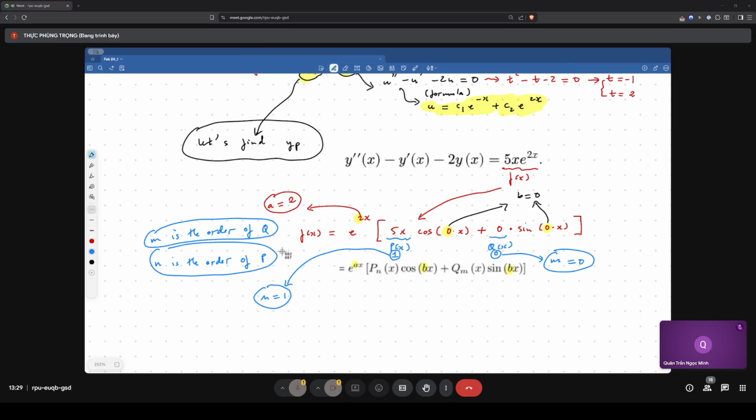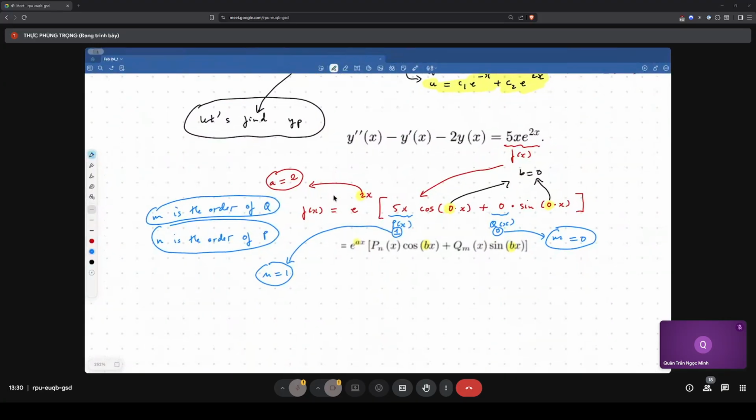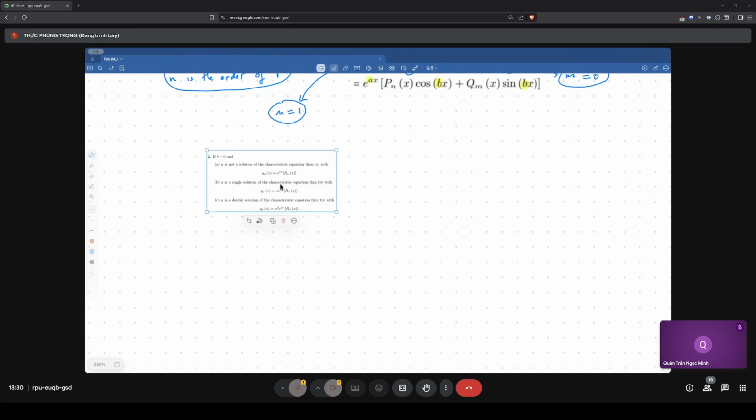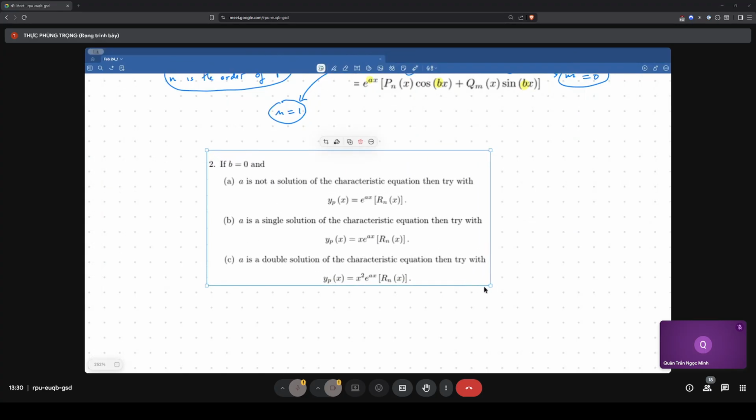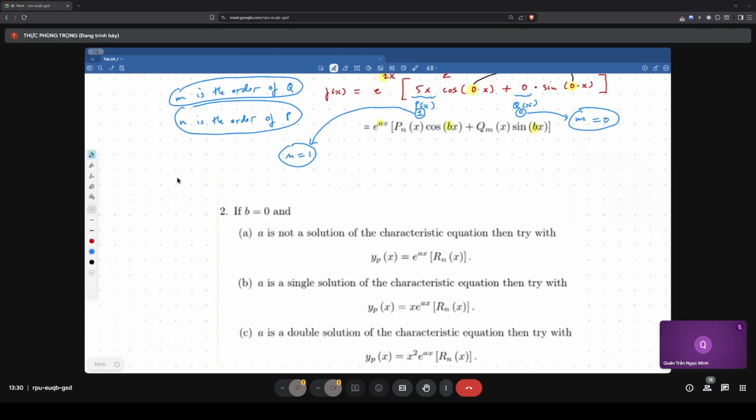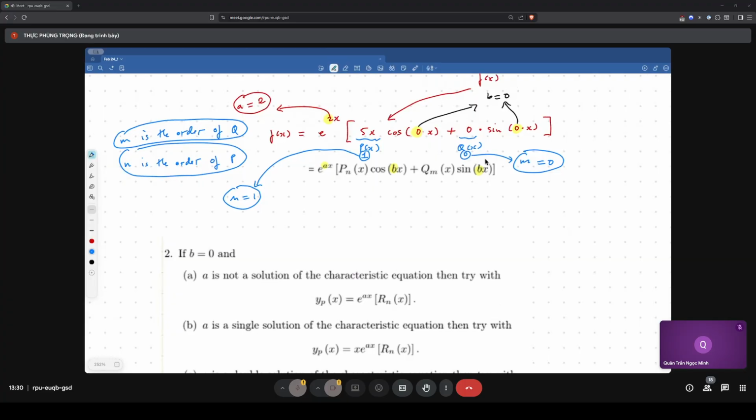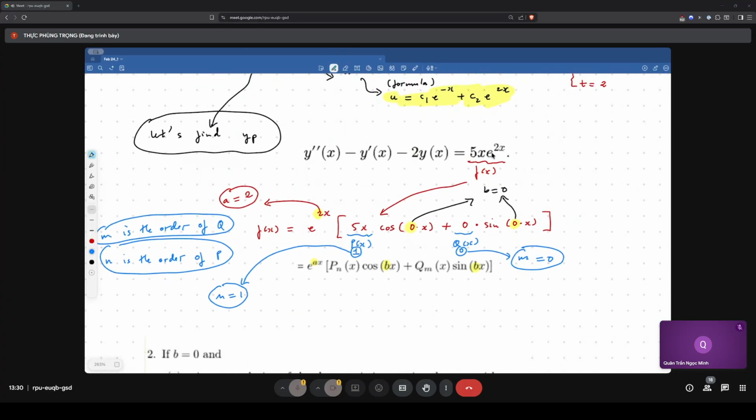So I copy this one and put it right here, because this is what we had in our question. You see no sine and cosine in f, which means that B is 0.